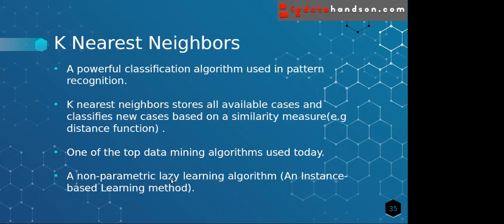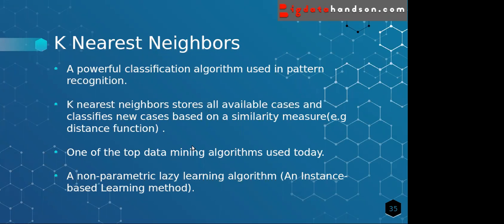That's why it's a lazy learning algorithm, because for every new case it measures the distance to all the stored training data, between the new case and all the previous training data. For every case it's just finding the distance using the distance function.